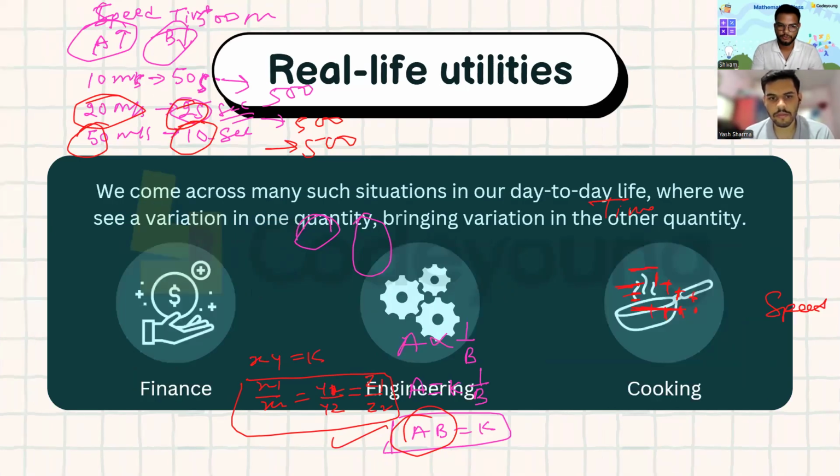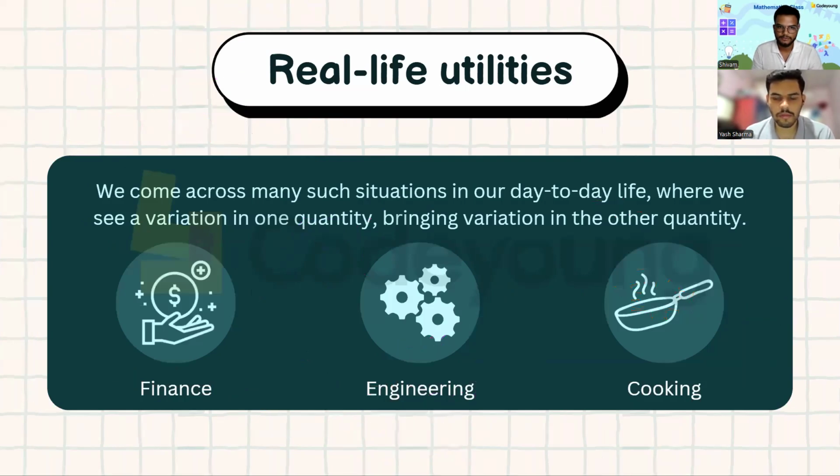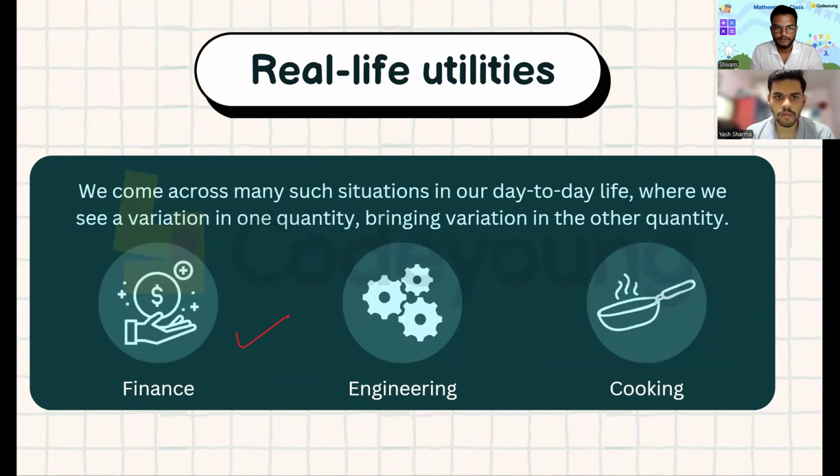So what I told you right now is an example from our daily life that we see in finances. As I have told you, if one single person is working and he is getting, say, 100 rupees, and if 10 people start working, then each one is going to get 10 rupees, right?